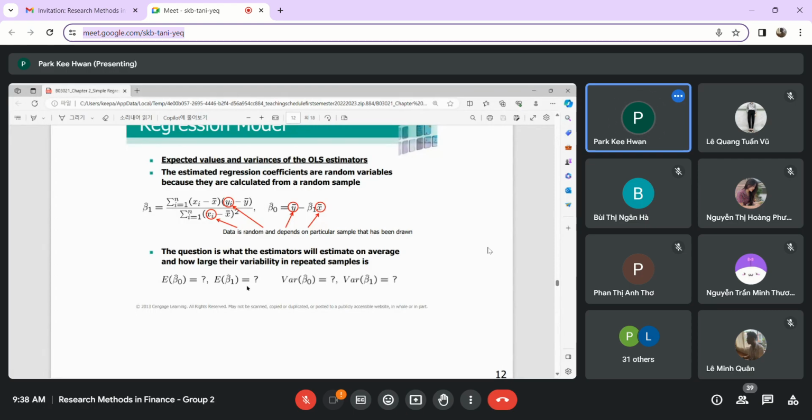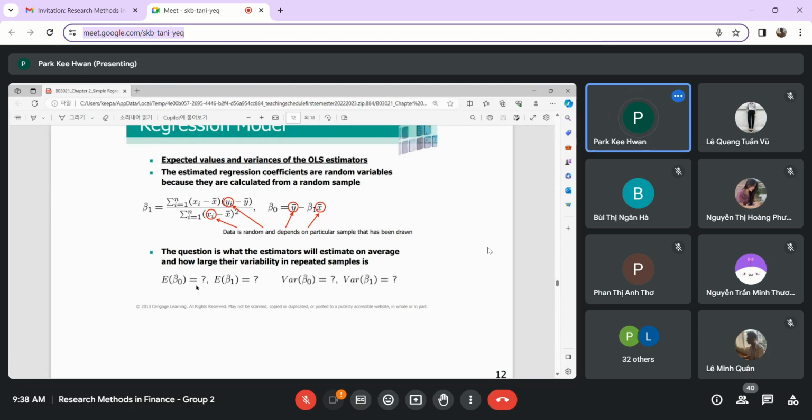So now we have the question: what will the estimators beta naught hat and beta 1 hat estimate on average?